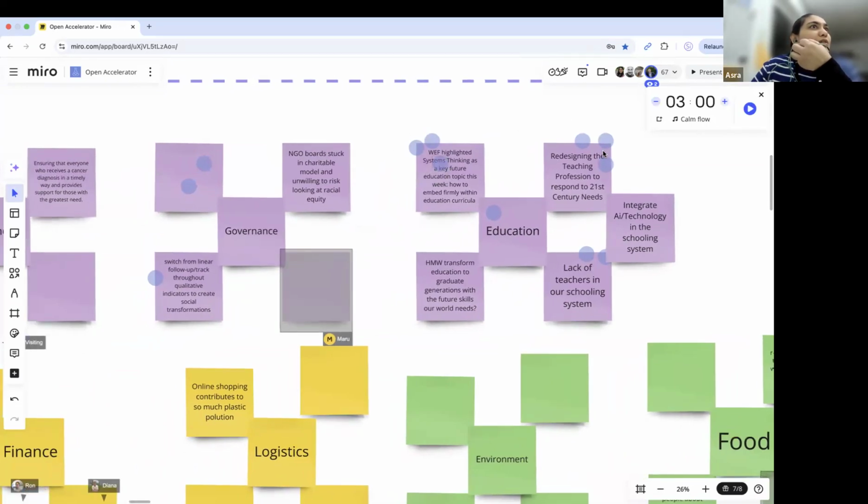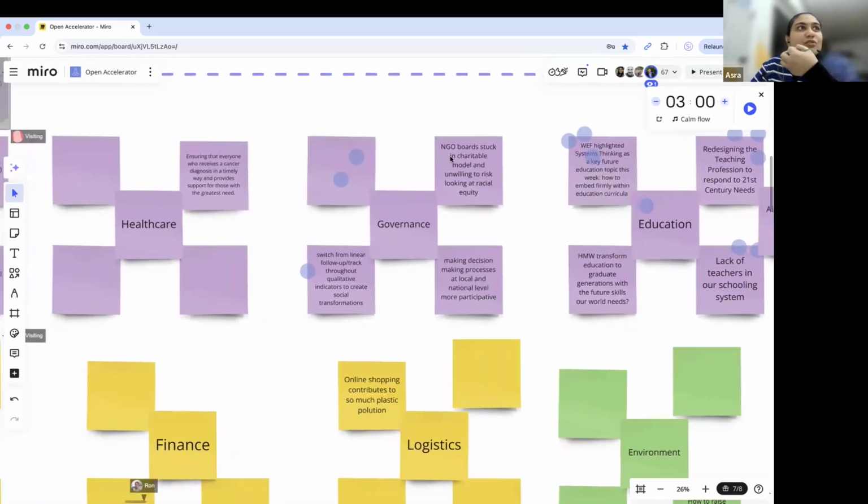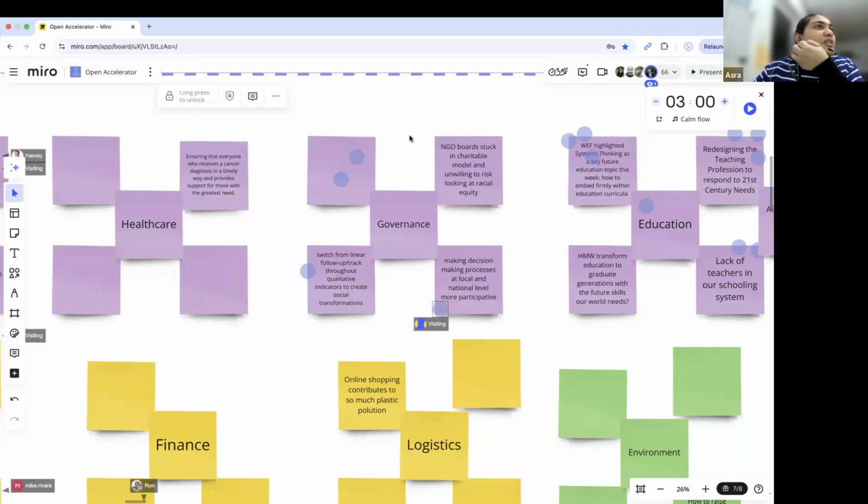I also see that under governance, there are two dots on an empty sticky. I'm not sure who put them there, but maybe you can move it to another place where there are challenges. We have one here which says switch from linear follow-through of quantitative indicators to create social transformations.